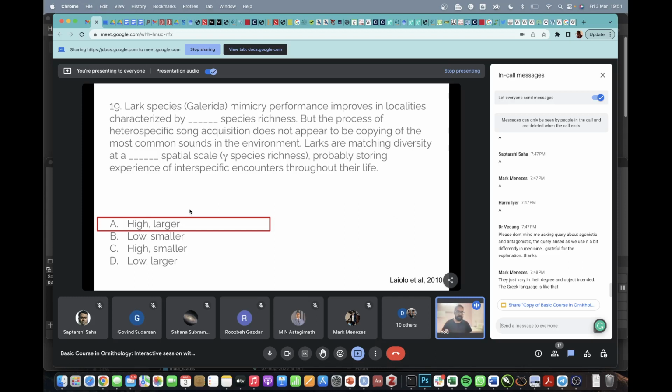They might not have seen or heard the bird in their immediate past, but they might have heard the bird long before, and they remember these calls that they are mimicking. That's why they have a larger repertoire, not dependent on the species in their immediate transect, but species in the immediate site.